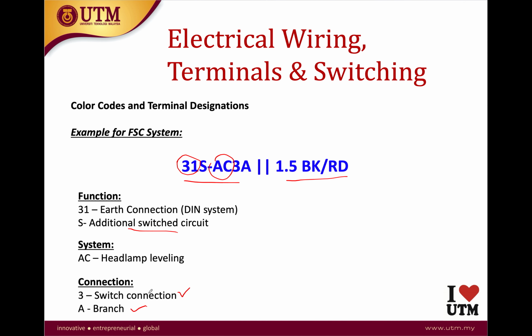A means it's going to be a branch. After that, the size is 1.5, meaning the cross-section area of the cable is 1.5 millimeter square. Color is black and red stripe. So this is the meaning of the FSC system: function, system, and connection.